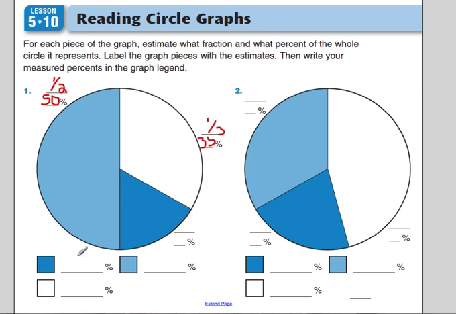And then I got to do this chunk here. Well, I said this was half and I said this was a third, and I like to use a clock, so I'm thinking 30 minutes for this half, 20 minutes for this third. That leaves 10 minutes here. There are 6 10-minute chunks in an hour, so this 10-minute chunk would be 1/6.